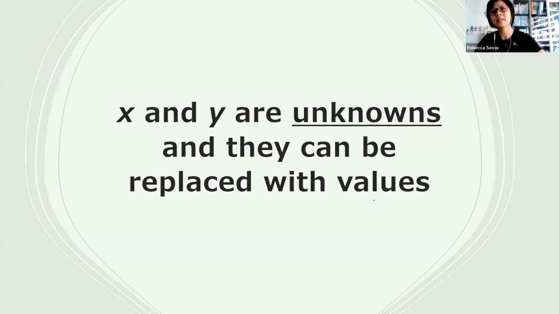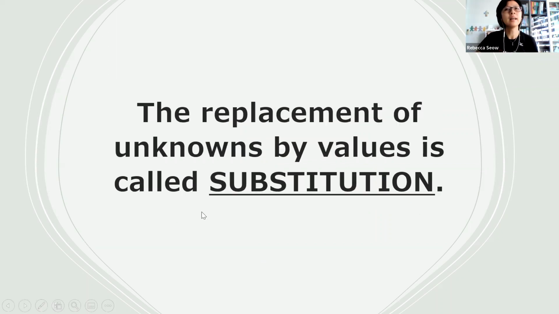Okay? So another word for values is numbers. Let's see how we can get this done. This is by a process called substitution. Okay? Sometimes people call this replacement. Both have the same meaning.